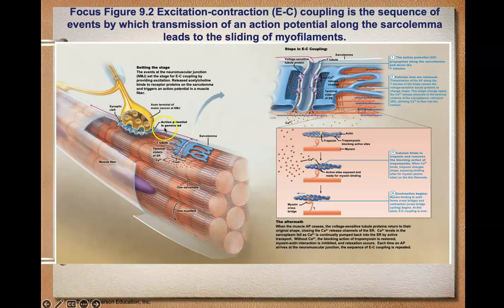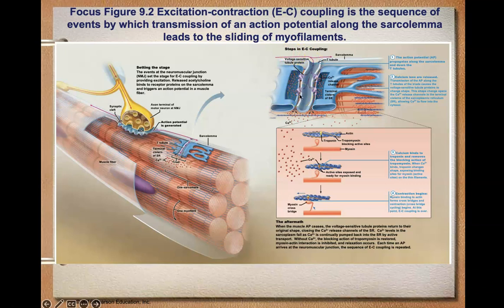Here you can see this is where that action potential was generated and now is washing over and propagating over the entire muscle fiber membrane, across the entire sarcolemma. And as it does, this electrical signal is going to be transferred across the sarcolemma and down into these T tubules, okay?